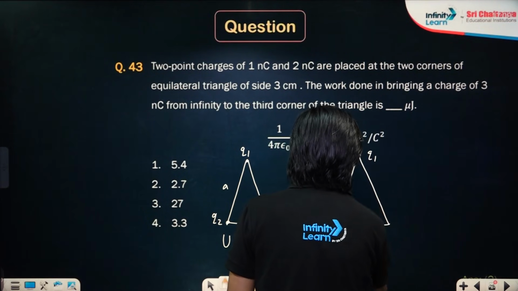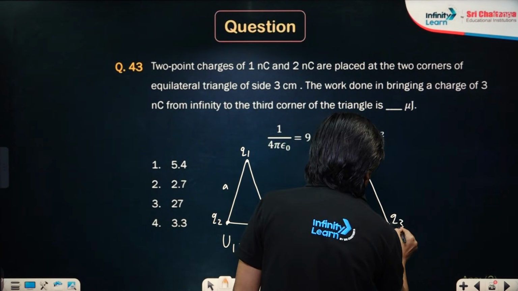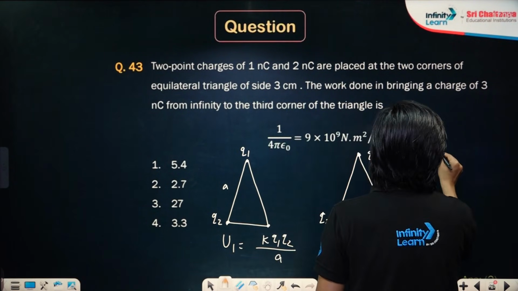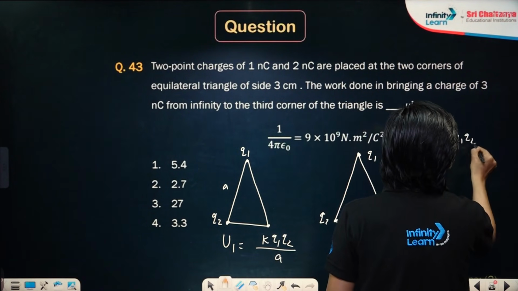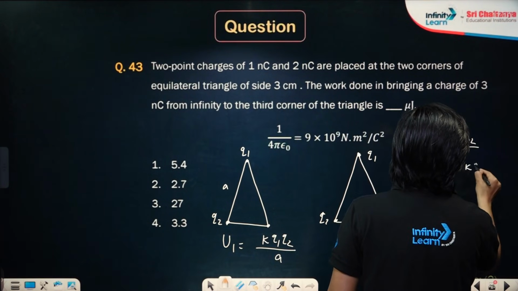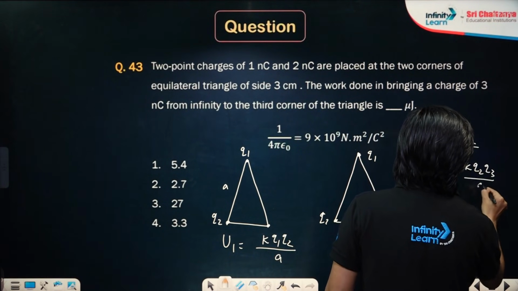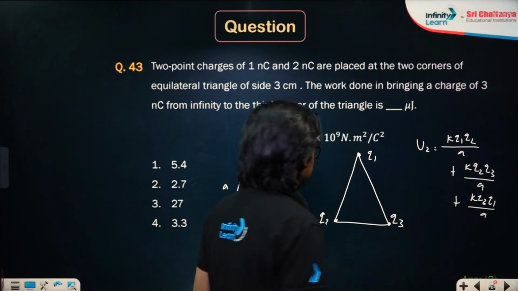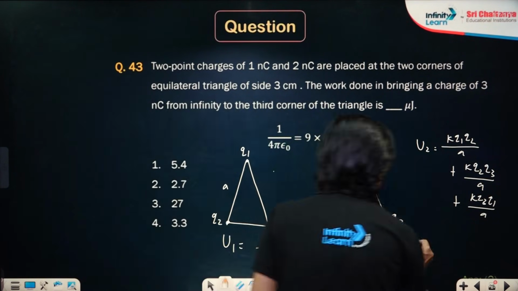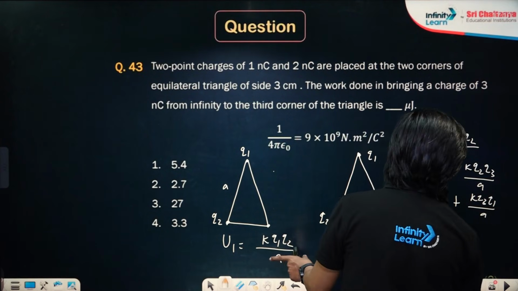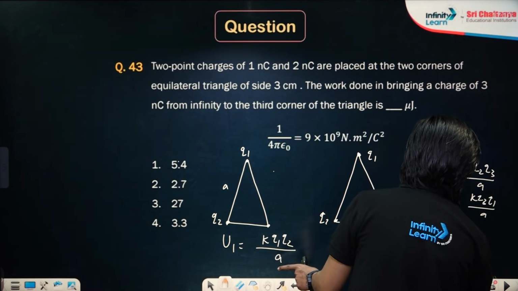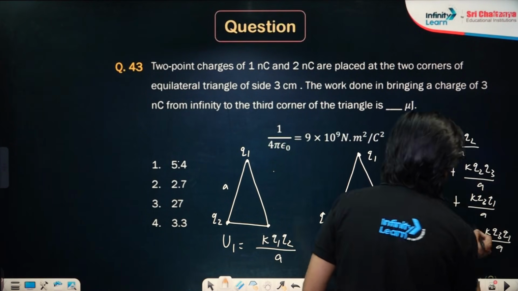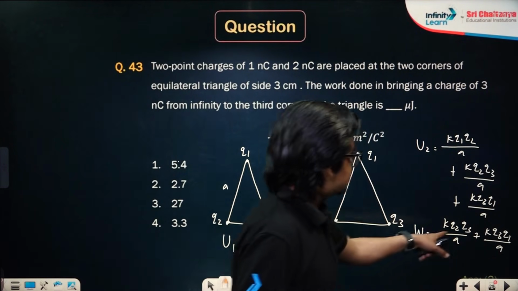In the second case, Q1, Q2 and Q3, these are the three charges kept at the vertices of this triangle. Now you can write the potential energy of the system as K Q1 Q2 divided by A plus K Q2 Q3 divided by A plus K Q3 Q1 divided by A, and now if you take the difference of them, that difference will give you the work done, and it comes out to be K Q2 Q3 divided by A plus K Q3 Q1 divided by A. Now you can take K by A common, you can take Q3 common.